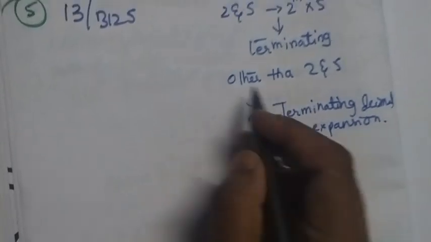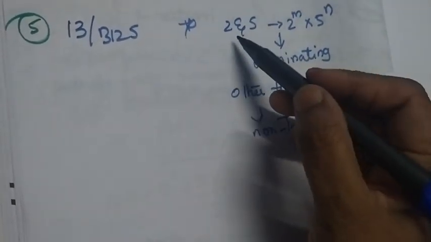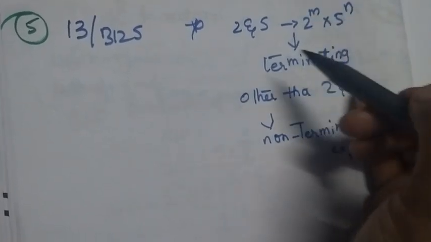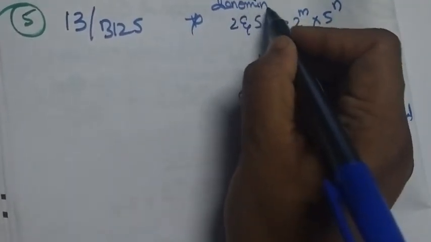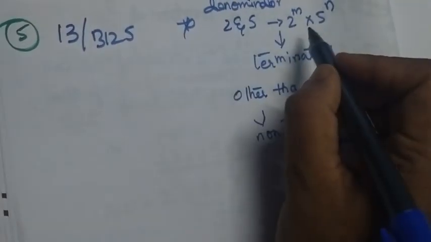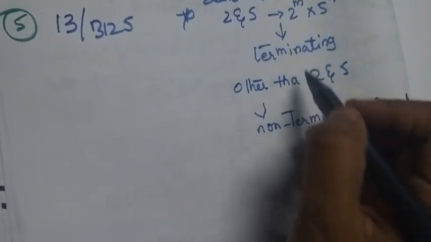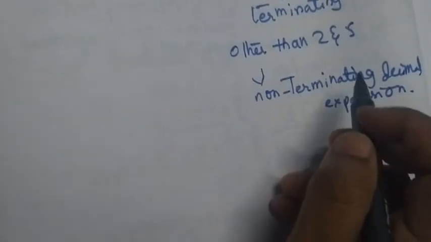This is very important, children. Simply remember: if the denominator is in the form of the product of 2 and 5, then we get terminating decimal expansion. Other than 2 and 5, non-terminating.